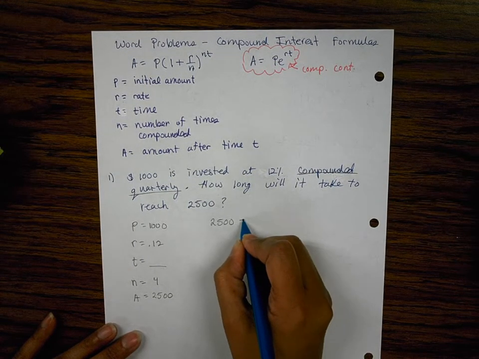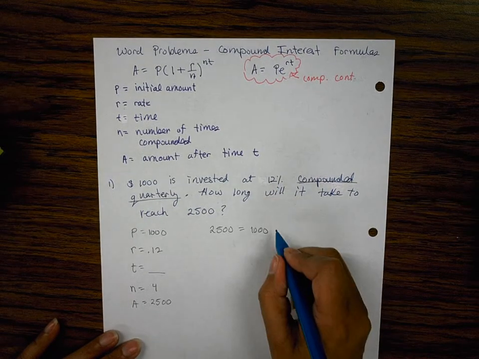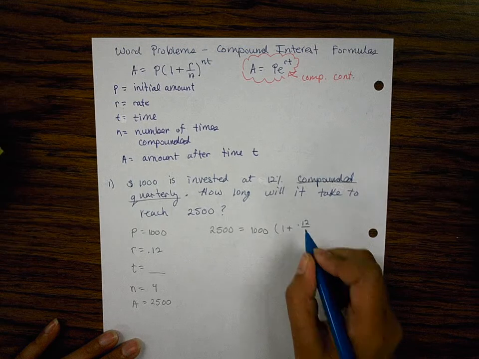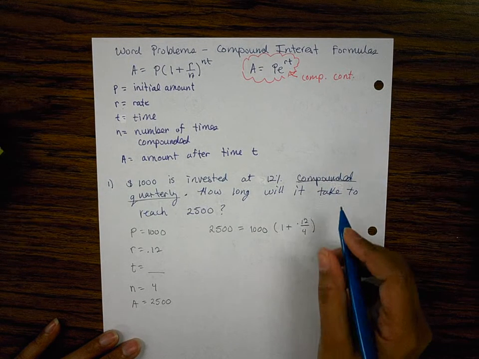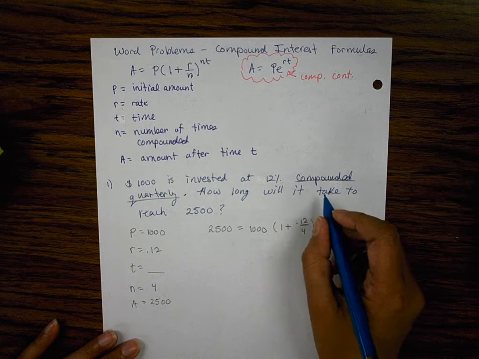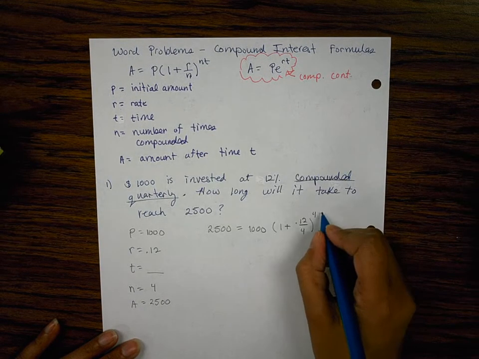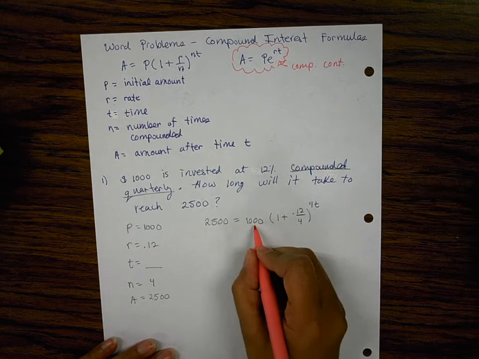All right, so A, 2,500 equals P, 1,000, parentheses, 1 plus 0.12 over N, which is 4, close parentheses, raised to 4, which is N, and then T, we don't know, that's what we're looking for. Ooh, it's a big problem.